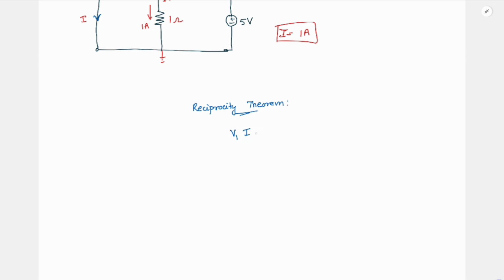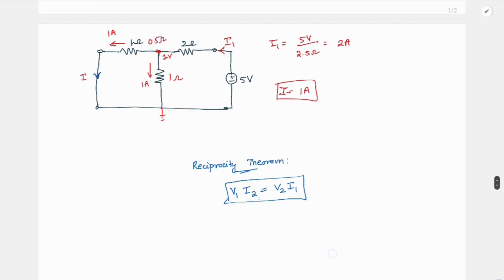For a two-port resistive network, V1 I2 is equal to V2 I1. This is very interesting and famous. It is only valid for linear networks. In this case it is a resistive network, so it is valid. If you have something like a voltage controlled current source or some controlled sources in it, then the circuit is no longer linear and this will not be valid.